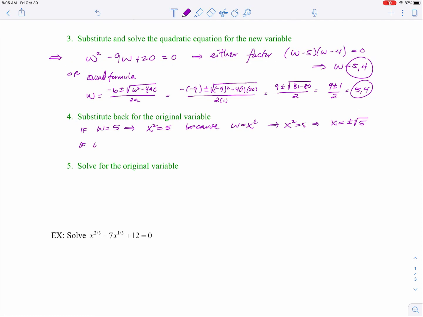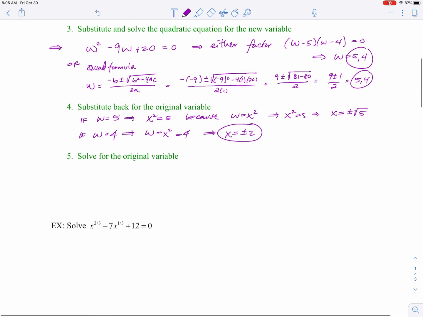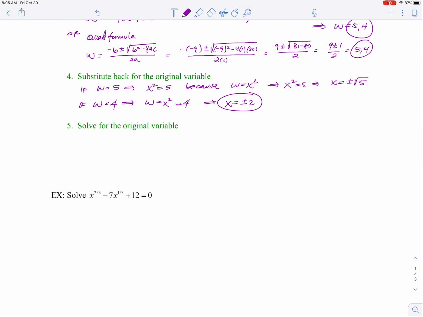Likewise, if w is equal to 4, then x squared is equal to 4, which implies x is plus or minus 2. I did that a step too early, since the next step says solve for the original variable, but I already did that. So x equals plus or minus the square root of 5, or plus or minus 2.